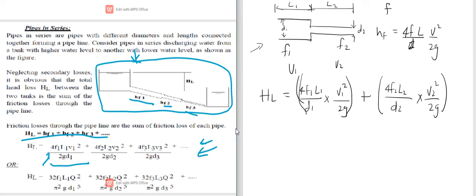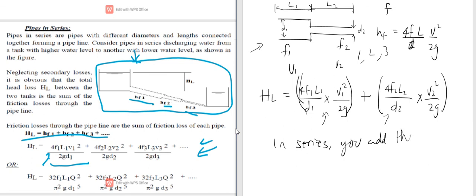So for the number of pipes that you have, if you have one, two, or three pipes, that is the number of times you will do this. It is just the friction coefficient, length, diameter, and velocity of the first pipe, then the second one, then the third one, for as many as you have. In series, you add the friction losses.